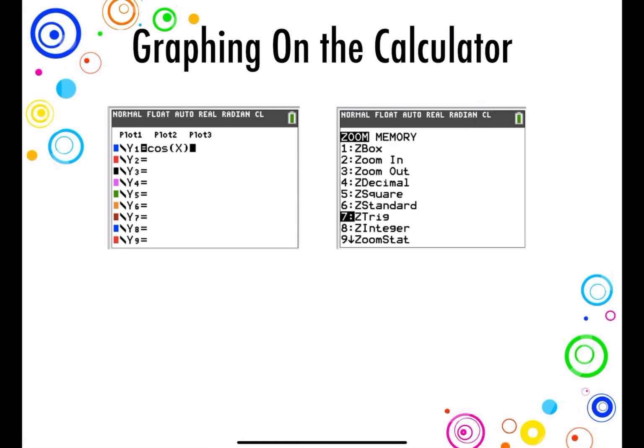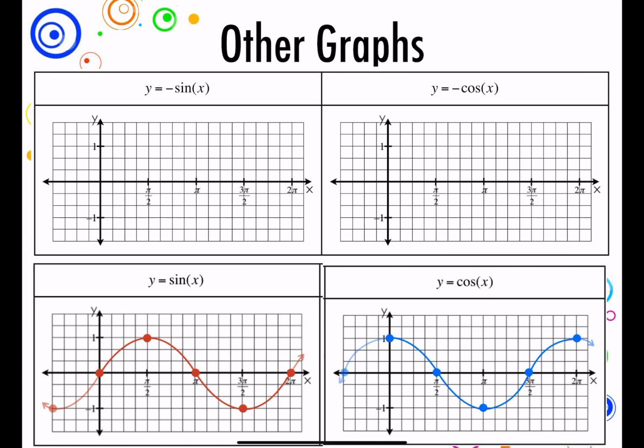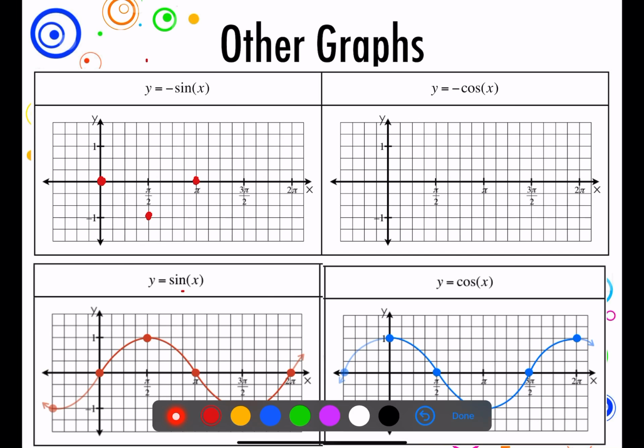So, excuse me, at 3 pi over 2, it should be +1. And then we go back to 0. All right, so there's my negative sine graph. Of course, I could extend it in this direction.